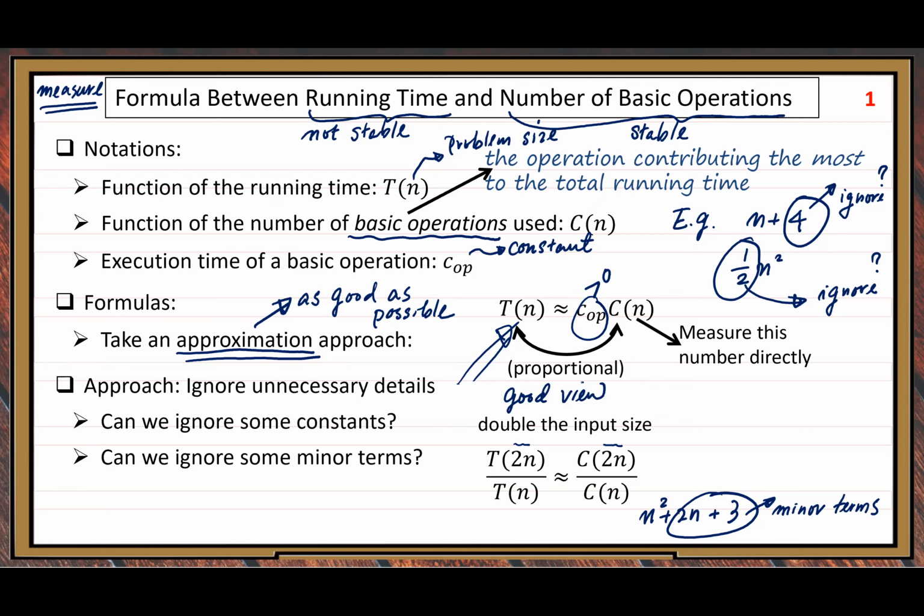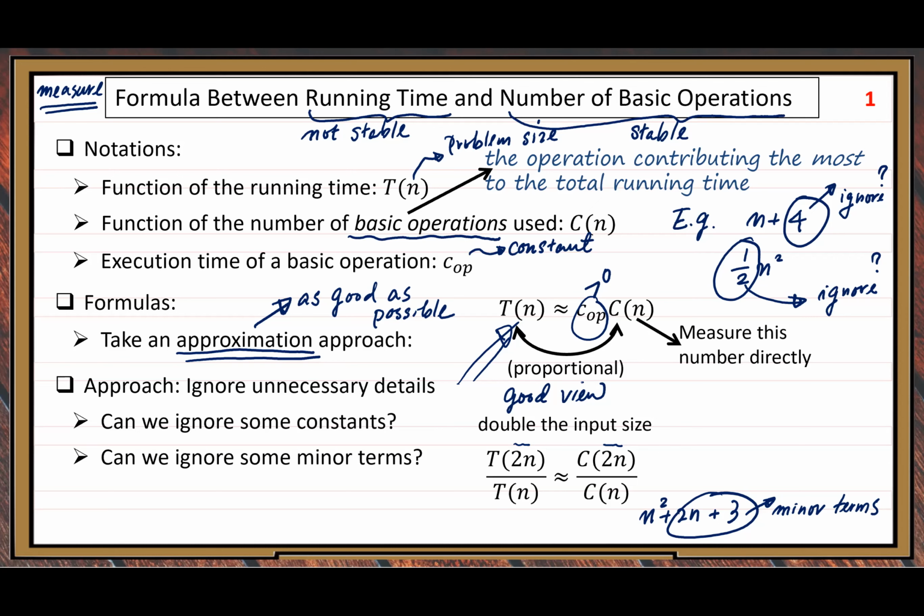The first reason: the constant c_op is gone, right? In this formula, the constant little c_op is gone. That's a good property, because if you look at this ratio, the computer factor is gone.